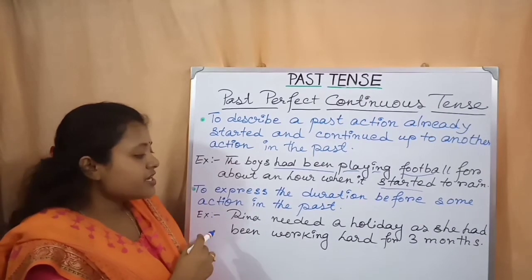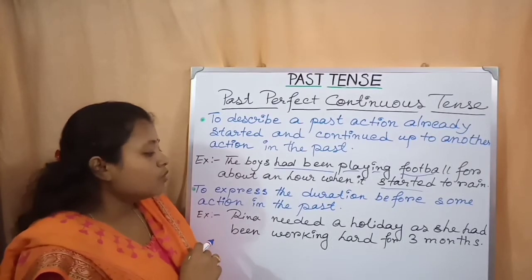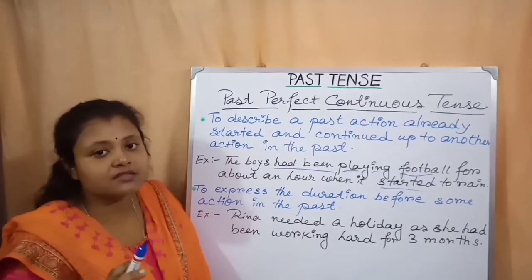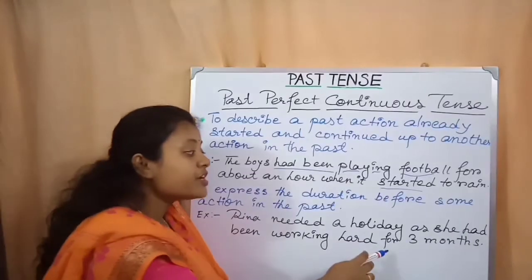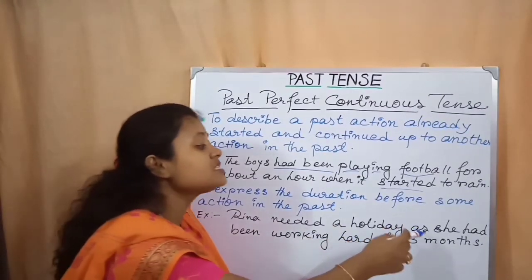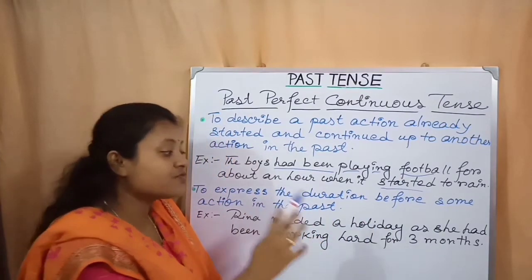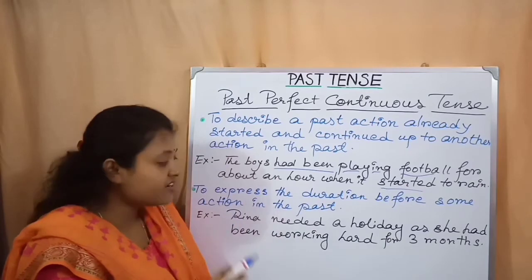Example, Reena needed a holiday as she had been working hard for 3 months. So what is the duration of the action? The duration of the action was 3 months. She had been working for 3 months. That's why she needs a holiday right now.